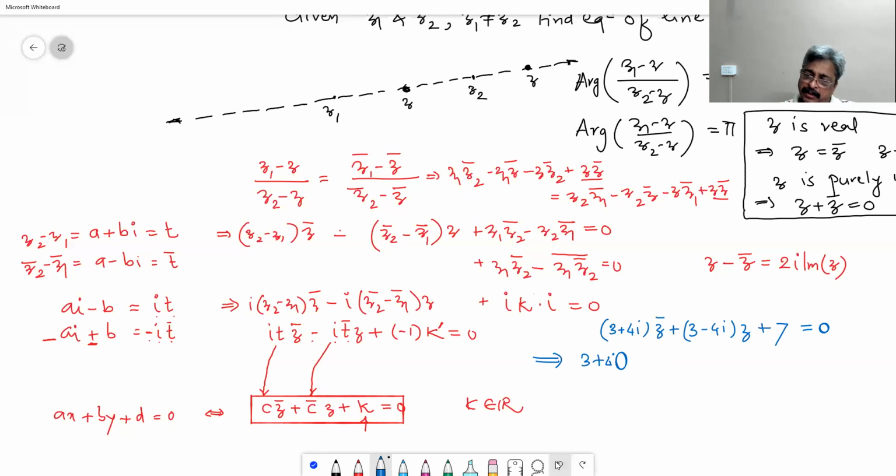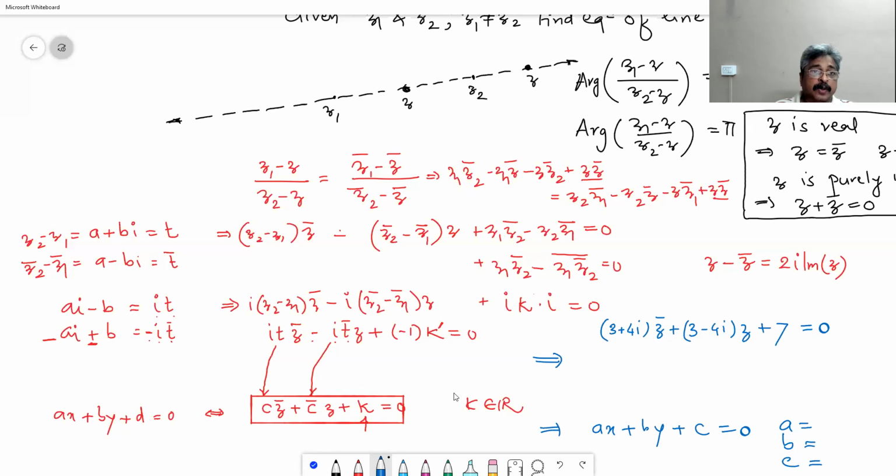Oh, why should I do that? I should ask you to do it. Get me an ax plus by plus c is equal to 0 type of equation from this and report what a is equal to, what b is equal to, and what c is equal to.